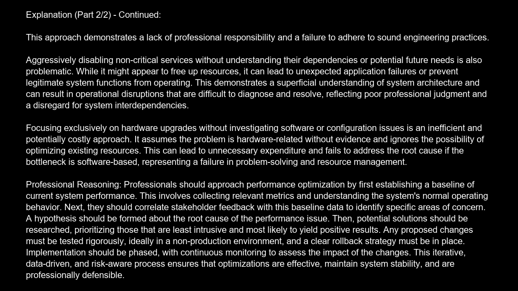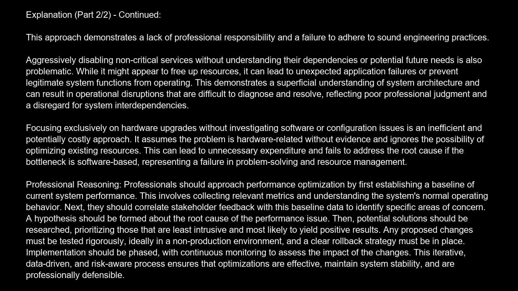Professional reasoning. Professionals should approach performance optimization by first establishing a baseline of current system performance. This involves collecting relevant metrics and understanding the system's normal operating behavior. Next, they should correlate stakeholder feedback with this baseline data to identify specific areas of concern. A hypothesis should be formed about the root cause of the performance issue.